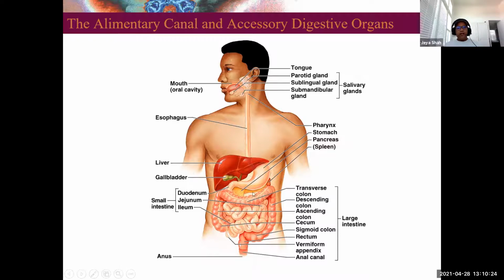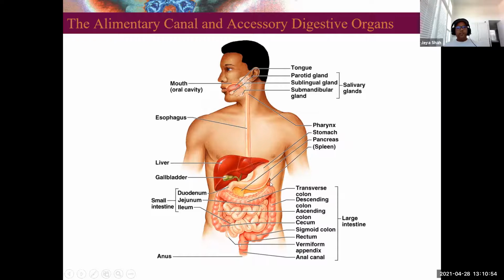Behind the small intestine, the large intestine and the stomach, you see another gland called the pancreas. The pancreas is also an accessory organ of the digestive system, which connects to the duodenum through the pancreatic duct and drains a lot of enzymes which help in digestion of the food we eat.